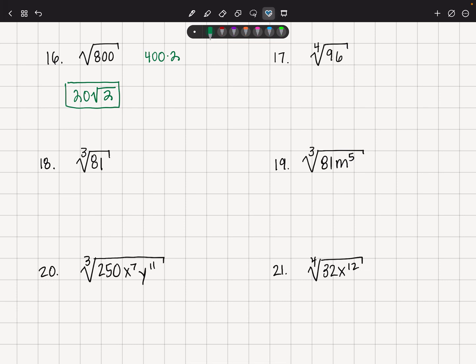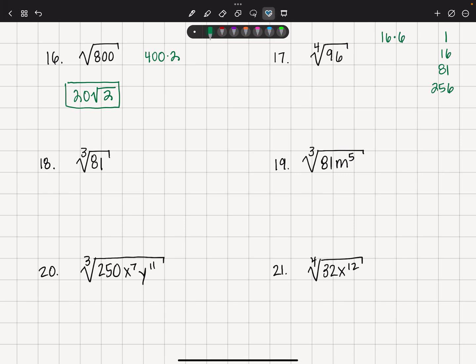Now 96, I'd have to think of my fourth powers. So I've got 1 to the fourth, 2 to the fourth, 3 to the fourth, 4 to the fourth would be 256. So 96, maybe 96 is made up of 16 times something. 16 times 5, 16 times 6.